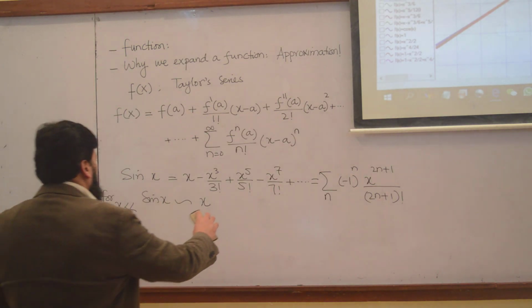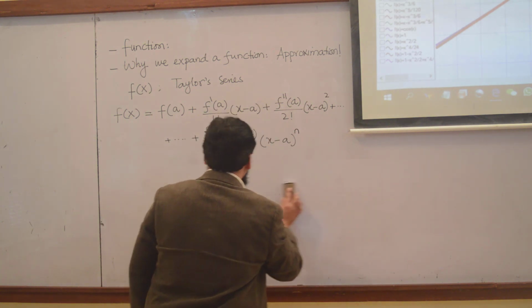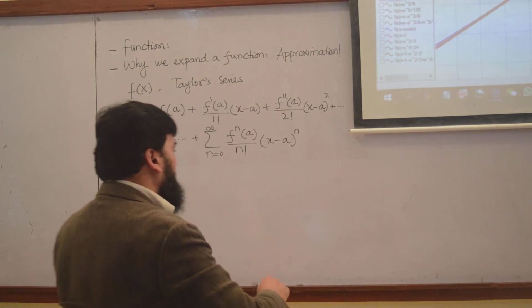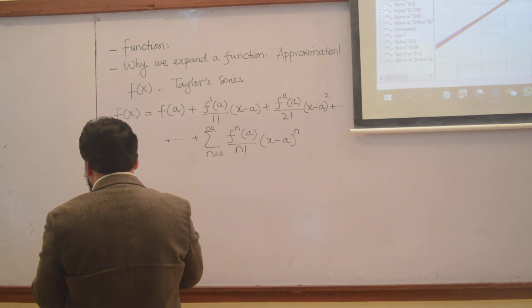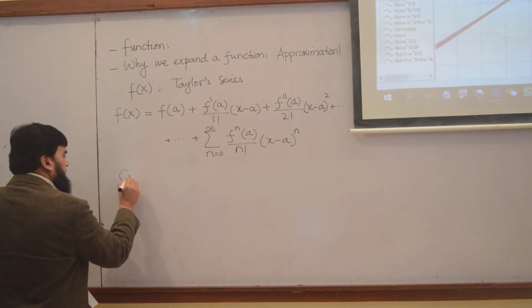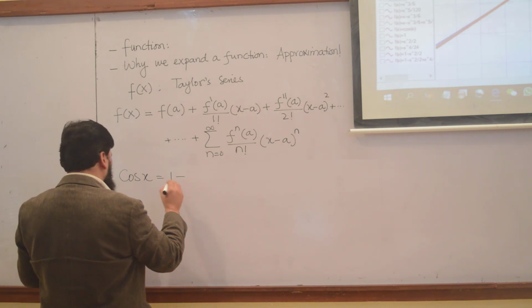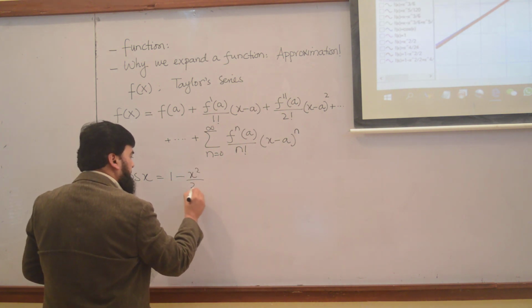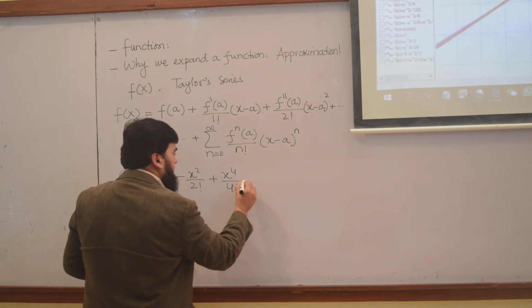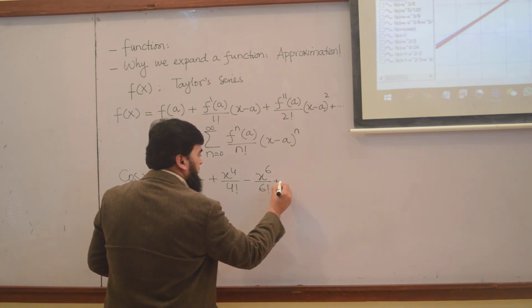Now let's start with cos x. For cos x, I know that if I expand the cos x with the help of Taylor series, then cos x is equal to 1 minus x squared by 2 factorial plus x to the 4 by 4 factorial minus x to the 6 by 6 factorial and so on.